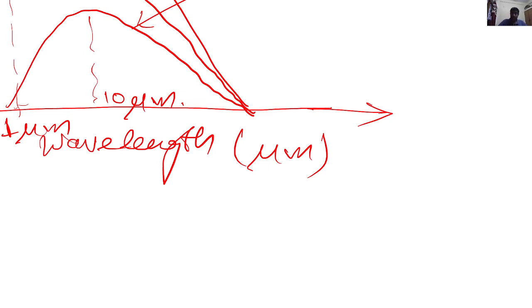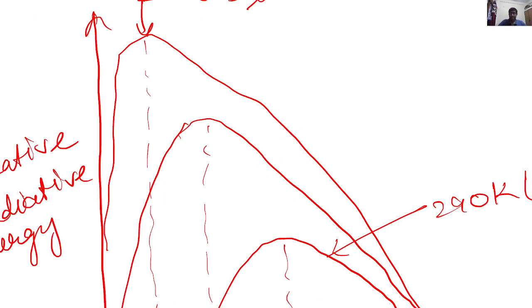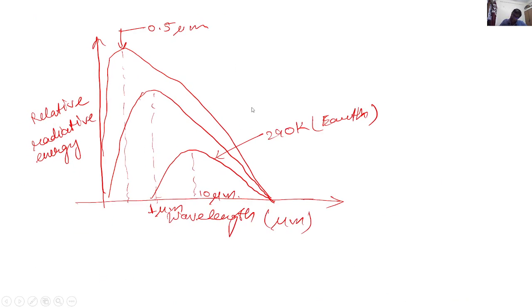This plot would be for a temperature around 2900 Kelvin, which is that of a halogen lamp, the lamps which you use in your households.